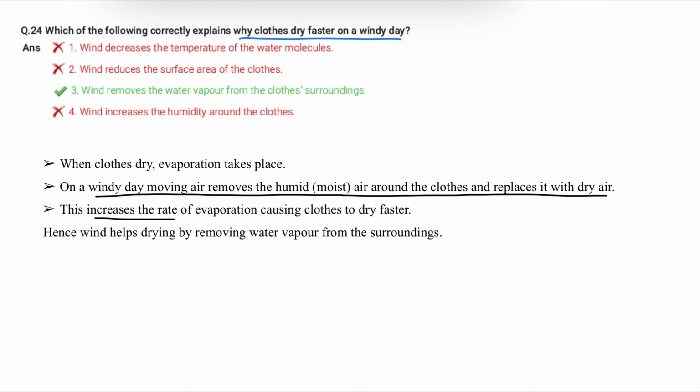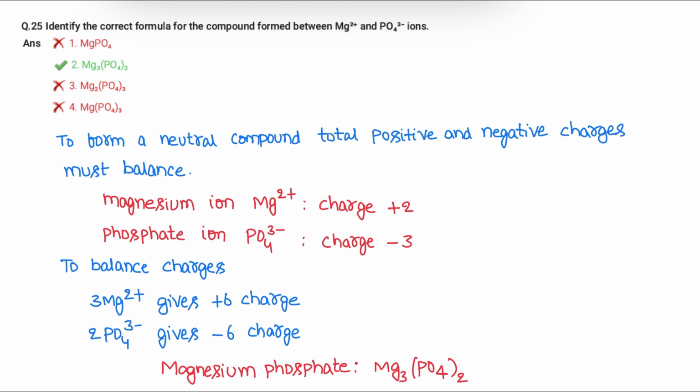This increases the rate of evaporation, causing clothes to dry faster. Hence, winds help drying by removing the water vapor from the surroundings. So correct answer is wind removes the water vapor from the cloth surroundings. Option 3.